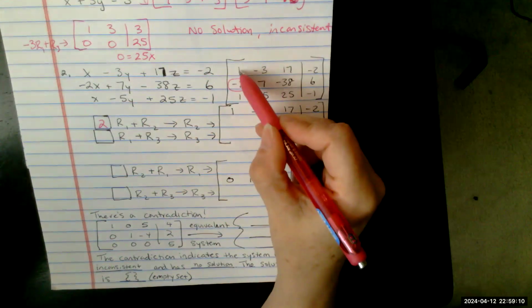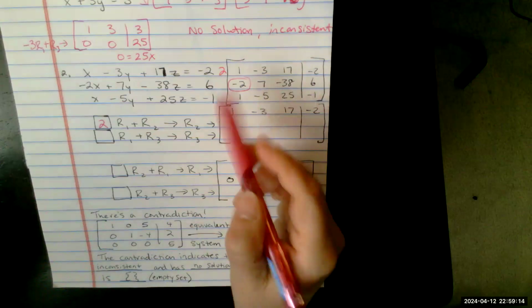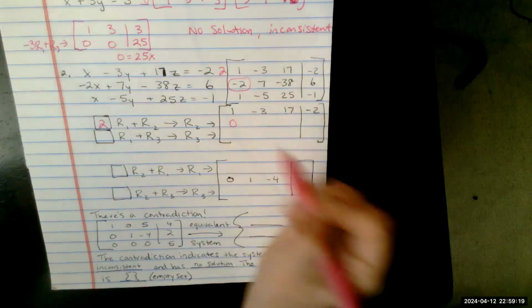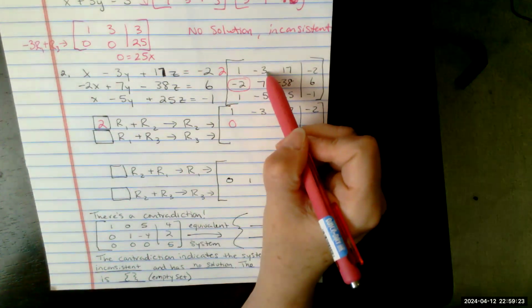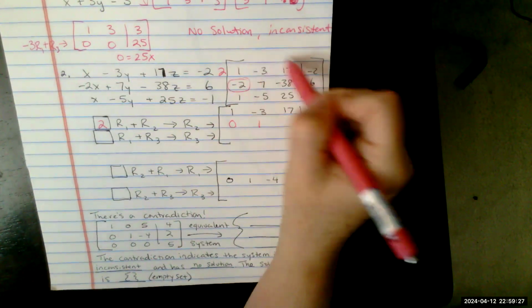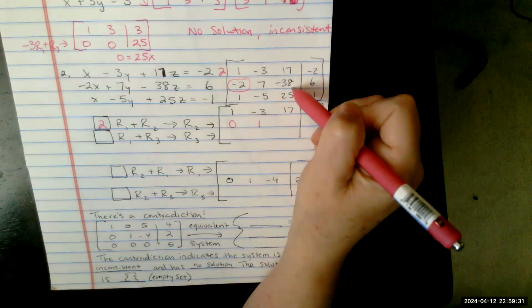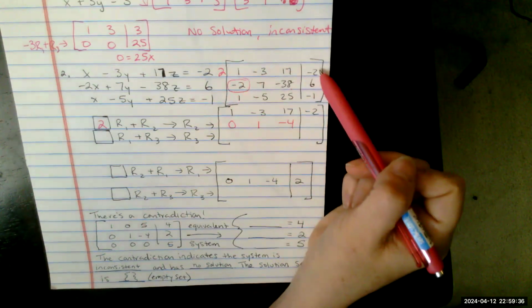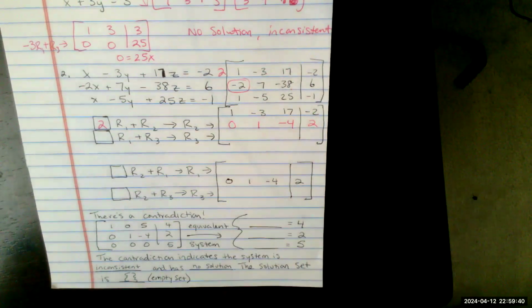So positive 2, I'll just start writing that out so I don't forget what I'm multiplying by. 2 times 1 is 2, plus negative 2 is 0. 2 times negative 3 is negative 6, plus 7 is 1. 2 times 17 is 34, plus this is negative 4. 2 times negative 2 is negative 4, plus 6 is 2.